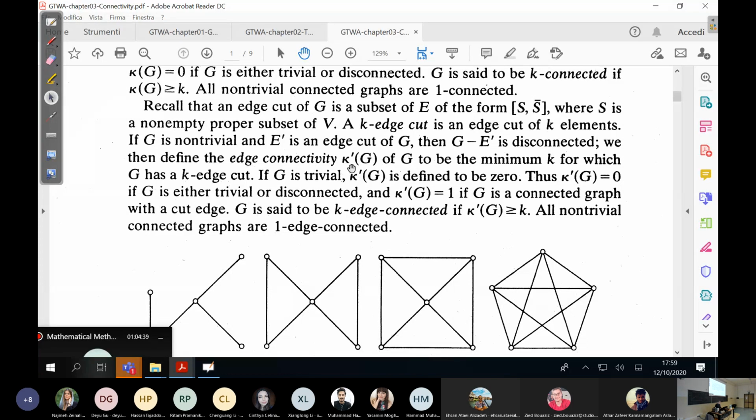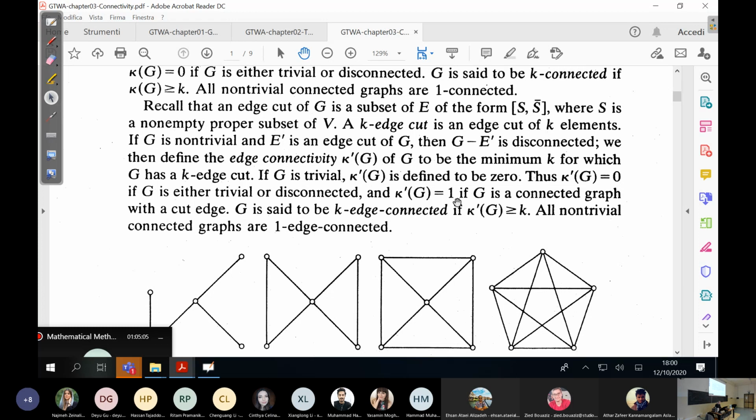We then define the edge connectivity kappa prime of G to be the minimum K for which G has a K edge cut. For a trivial G, again meaning just one vertex, kappa prime of G is defined to be 0. So kappa prime of G equals 0 if G is either trivial or disconnected as before.